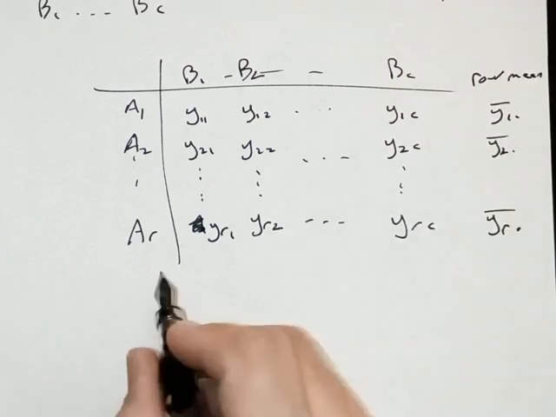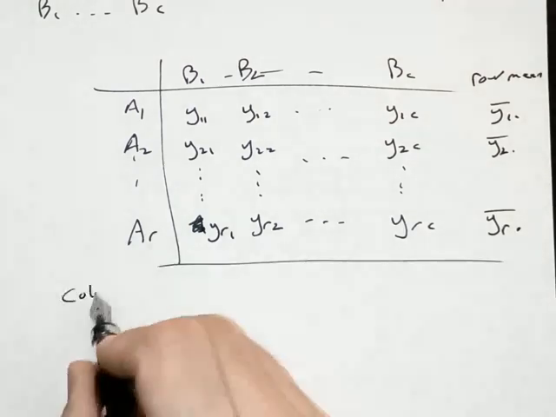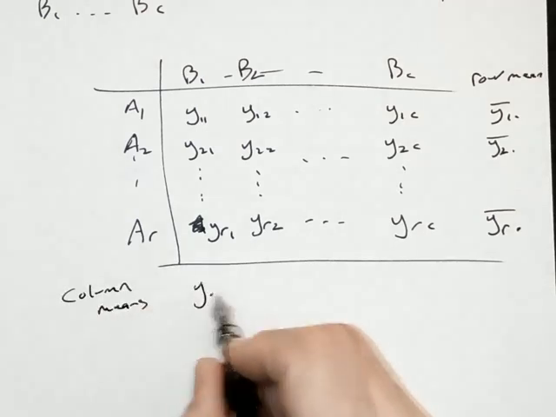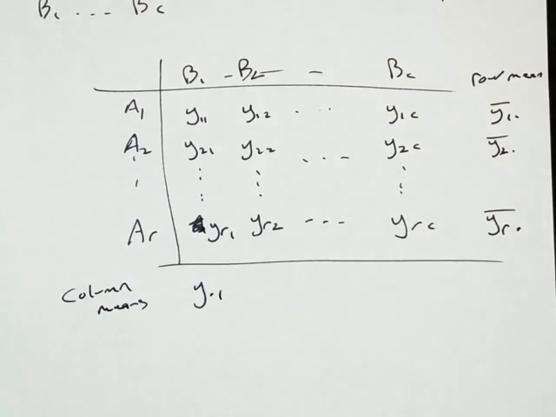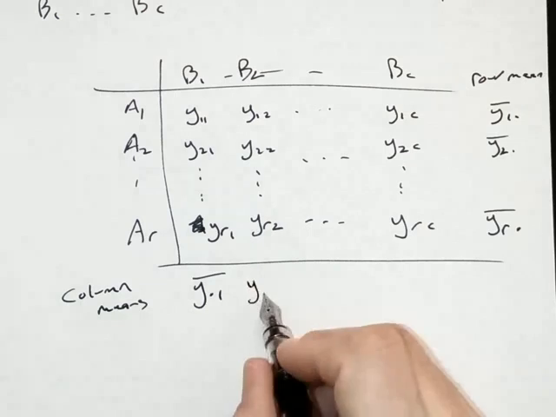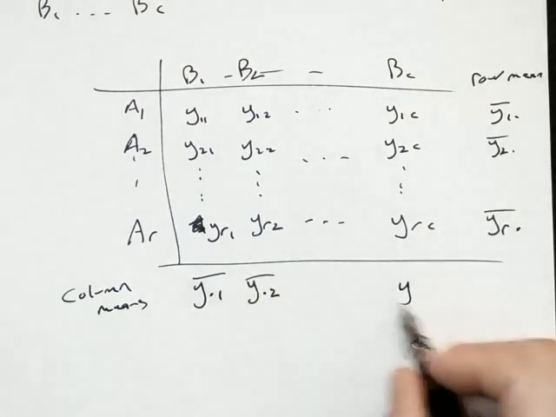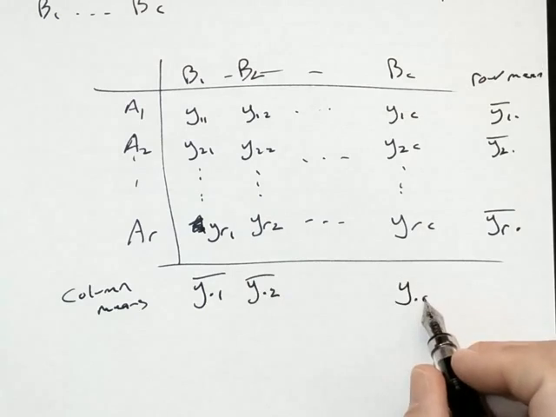And when I do column averages, I'll get Y dot 1, because I'm no longer caring about the row. Y dot 2, all the way over to Y dot C.